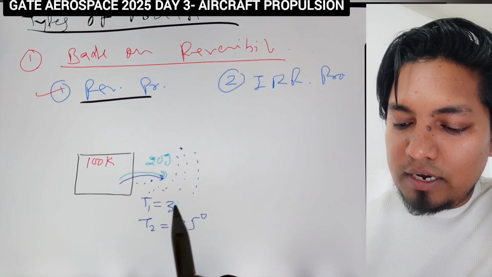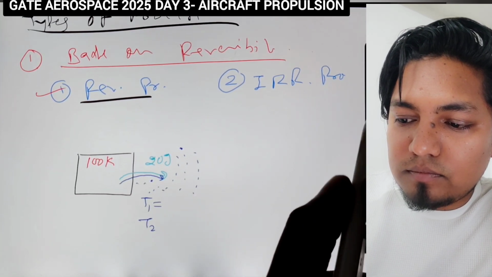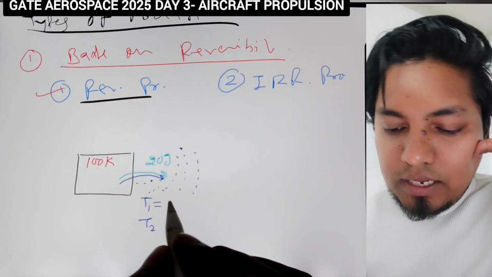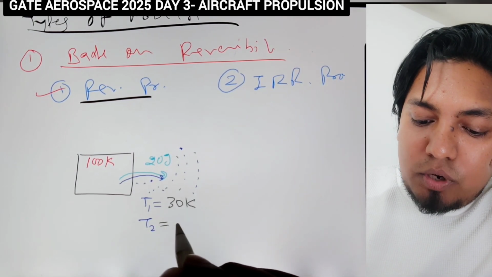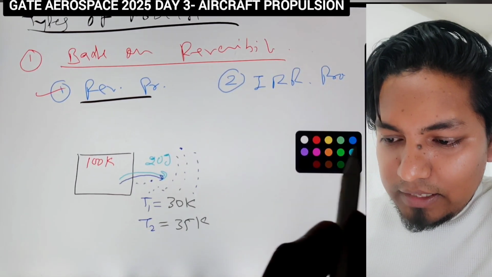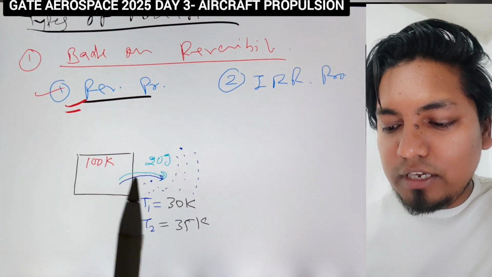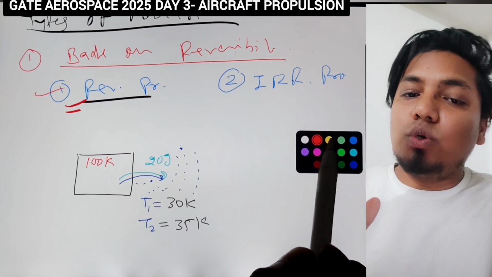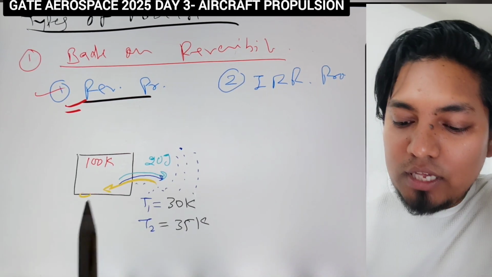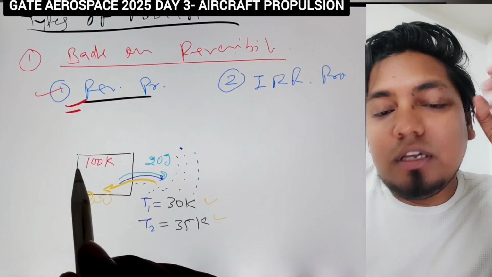Suppose 30 Kelvin and 35 Kelvin, just an example. So what do you mean by reversible process? Now send this heat inside, exactly 20 joule, and everything should set to its original, previous value. Then you will say the system is a reversible system.